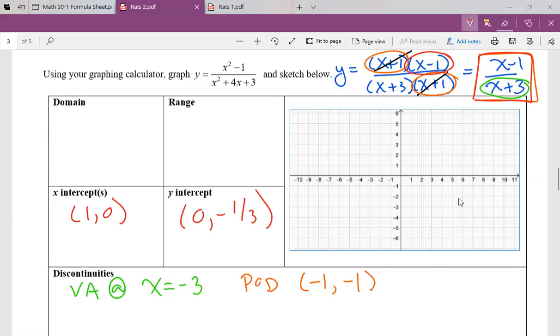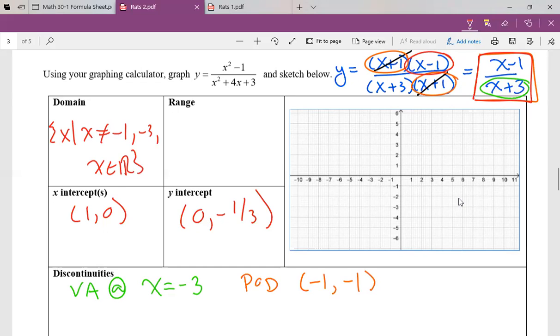Now, domain and range. Okay, let's put this all together then for domain and range. Well, domain is the set of numbers x such that, well, we've got a vertical asymptote at -3 and a POD at -1. So x can't equal -1, -3. This is an element of the reals.